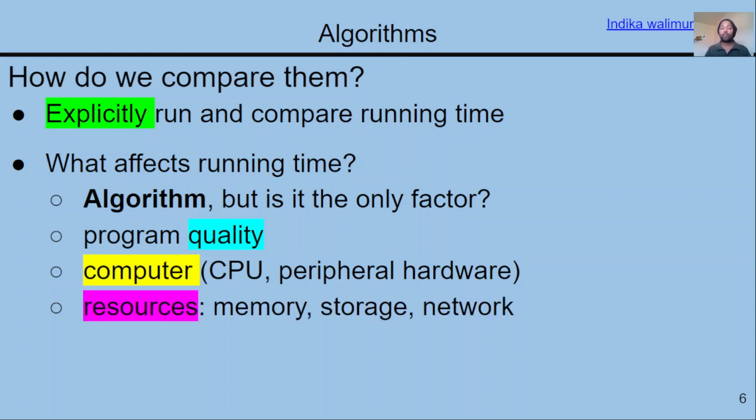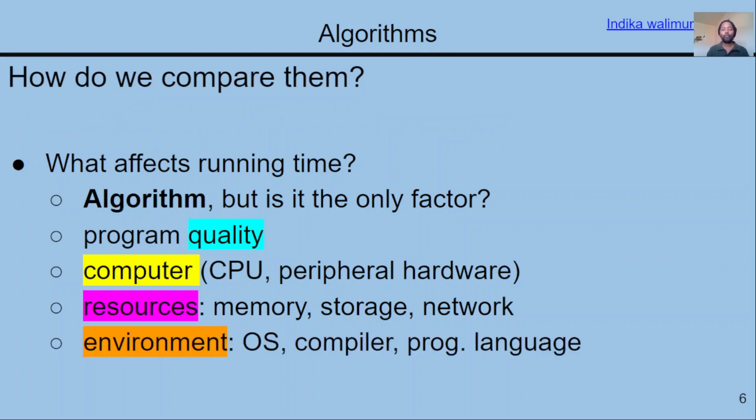It depends on the resources we have, like the amount of memory, the storage, or the network. If our algorithm interacts with the internet or the network, then the network matters as well. And the environment: the operating system, the compiler, the programming language of implementation itself.